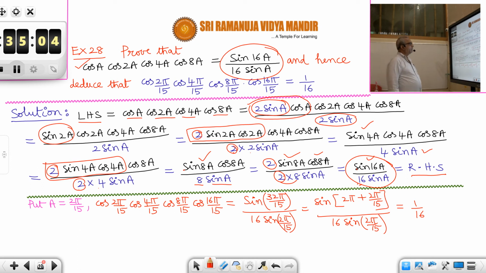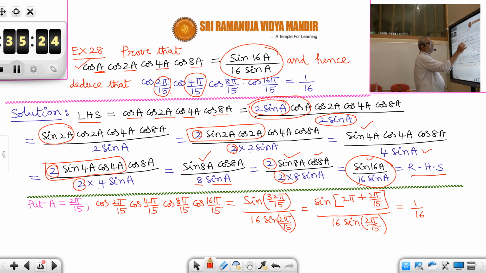The second part is simply replacing A by 2 pi by 15. So in place of A, what we have to put? 2 pi by 15. The next one is 2A only, is it not? See how the angles are increasing? They are increasing in geometric progression. A multiplied by 2, multiplied by another 2, multiplied by another 2.